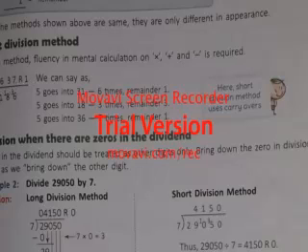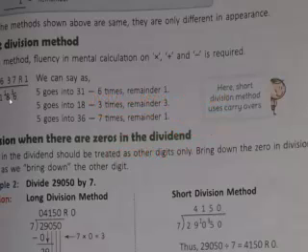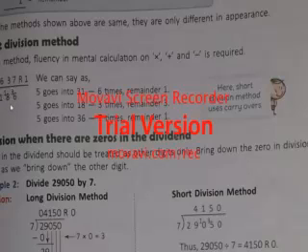So if you see here, 5 6s are 30, I had written it in the brain. So 31 minus 30 will become how much? 1. So 1 will be carried over to the next digit, that is 8. Now it becomes 18, so 5 3s are how much? 15. So how much remains? 18 minus 15, that is 3.